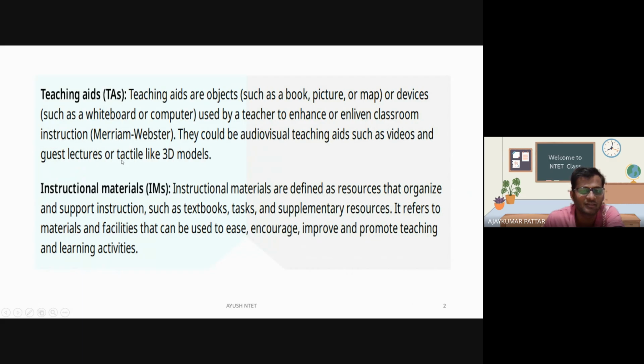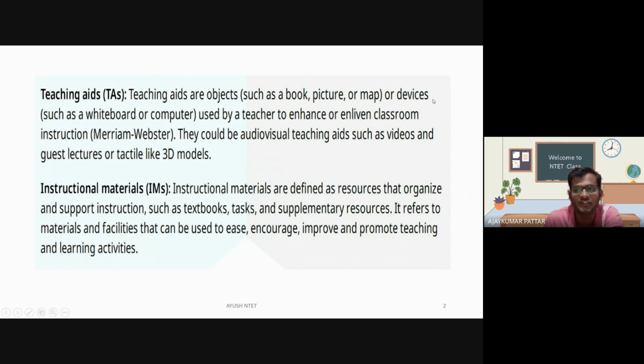Whatever objects the teacher uses to enhance teaching and its effectiveness, the things that enliven classroom instruction, we call teaching aids.